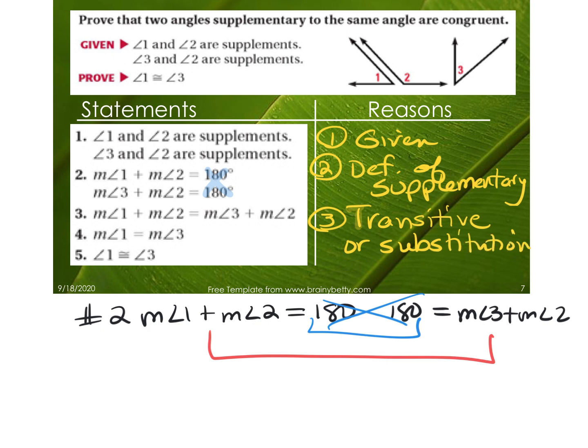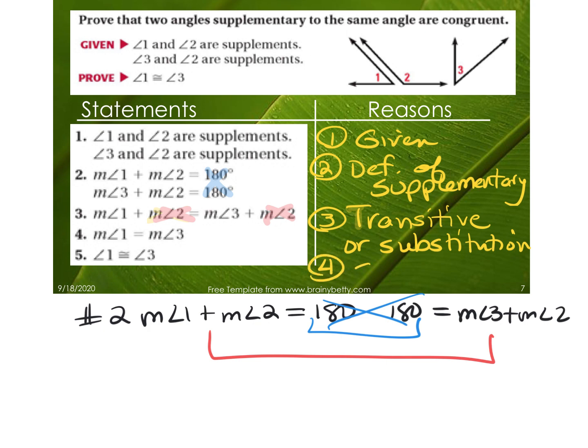And then now, to go from step 3 to 4, if you notice the difference between those 2 steps, notice what disappeared was the measure of angle 2 from both sides. So they subtracted the measure of angle 2 from both sides, leaving behind angle 1 equals angle 3.